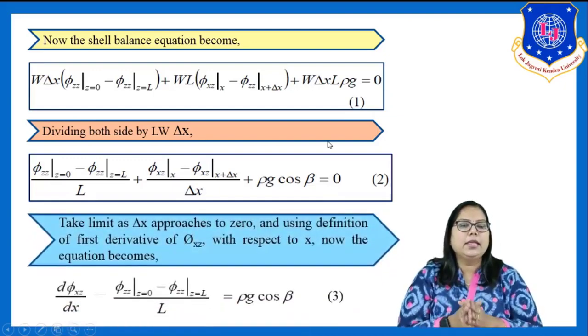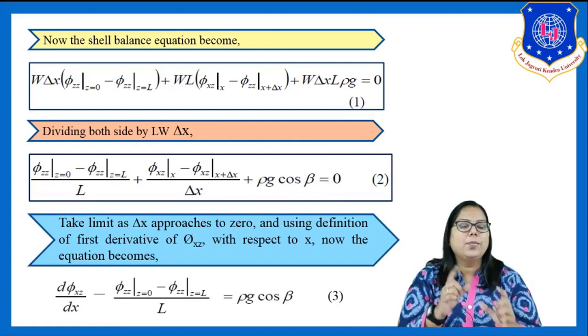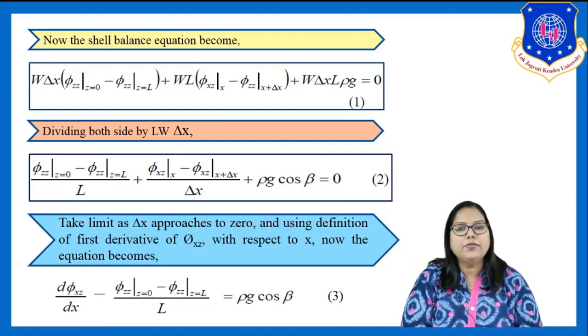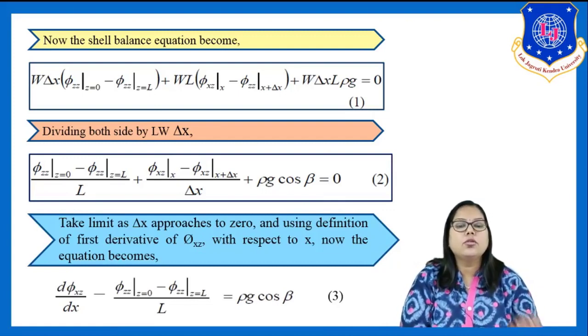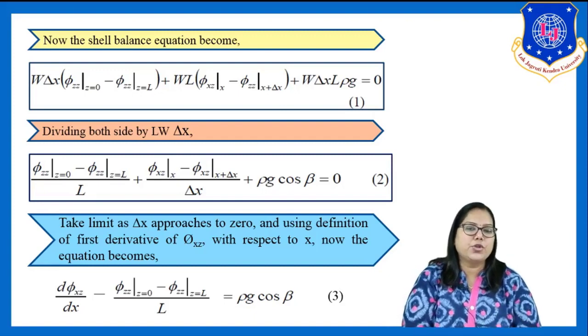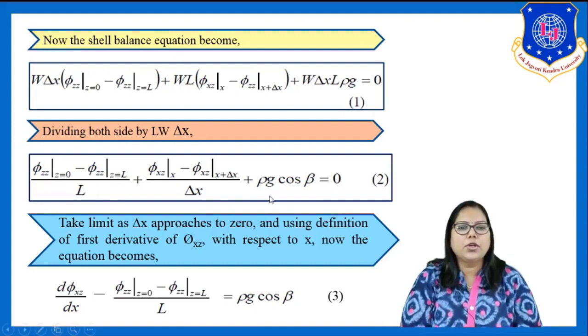Now I am taking the limit of delta x approaches 0 and using the definition of the first derivative for phi xz with respect to x. This equation number 2 will become d phi xz by dx plus phi zz at z equals 0 minus phi zz at z equals L divided by L is equal to minus rho g cos beta.